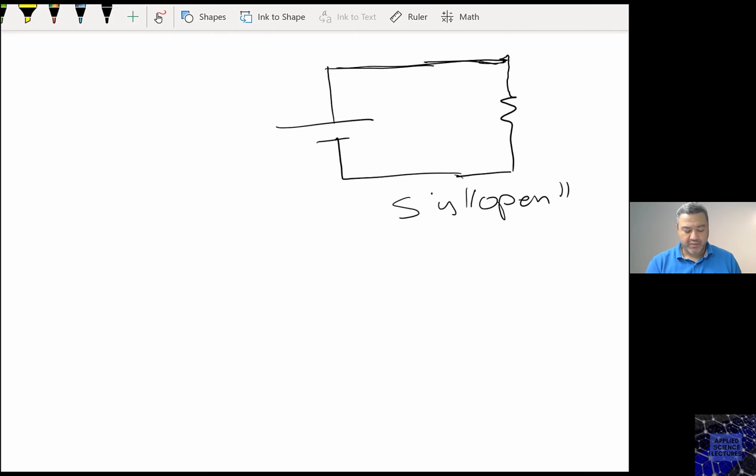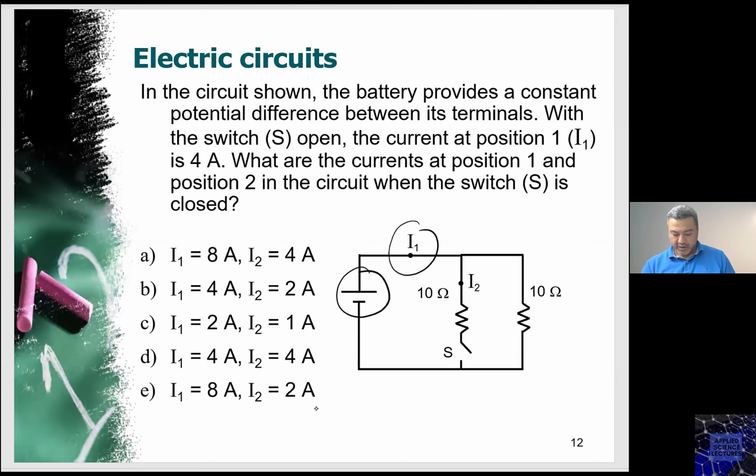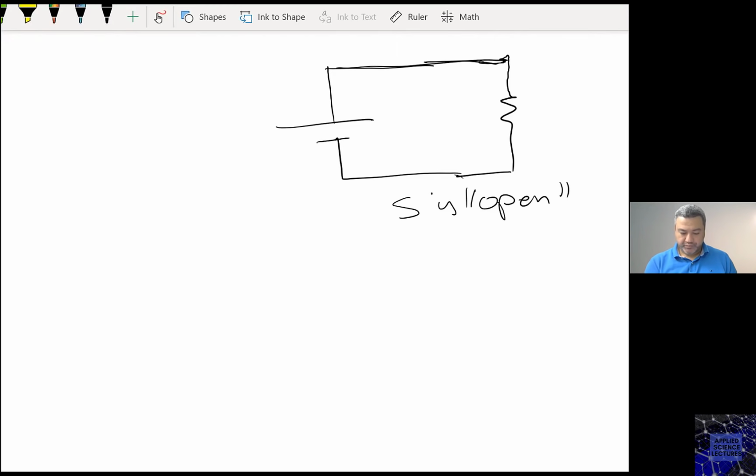So here we have the currents I1 and I2. I2 is 0 when the switch is open, because the branch is open, no current going into this circuit, then definitely right away I know I2 is 0.